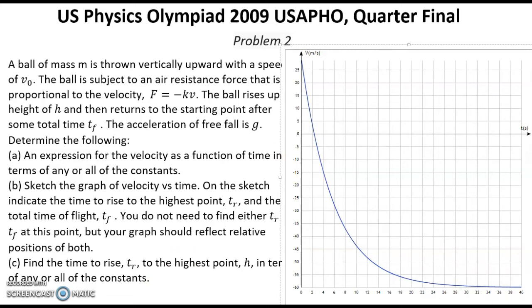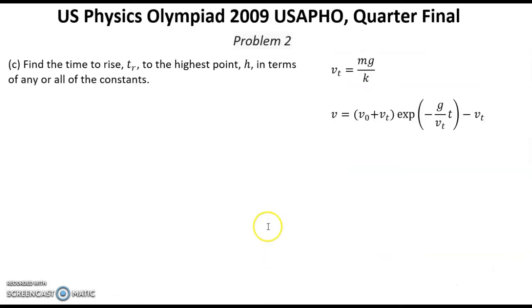And the last question: find the time of rise to the highest point h in terms of the given constants. Let's do this. We have to solve this equation when v equals 0. If we put v equals 0 here, we get an answer like this.